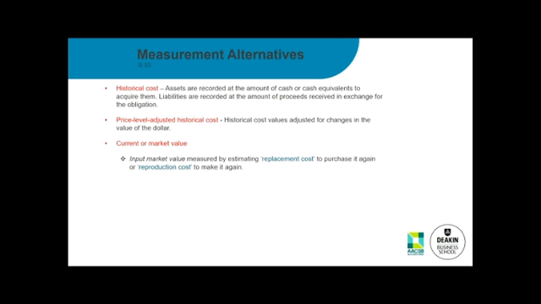So we look to see what the items can be sold for. If that's below what they're in the books at cost, then we have to reduce them to the market value. We can also increase items to market value. For example, non-current assets can be revalued to market value, and that often is the case, particularly with land and buildings.